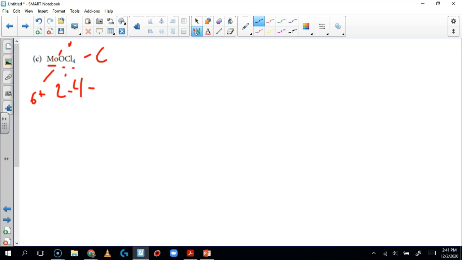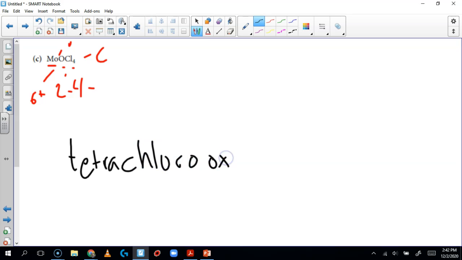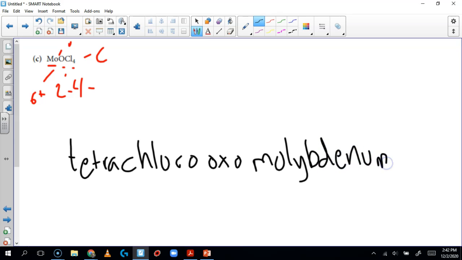So this is going to be tetrachlorooxomolybdenum(VI). Whew. Again, it sounds weird, but that's the way it is.